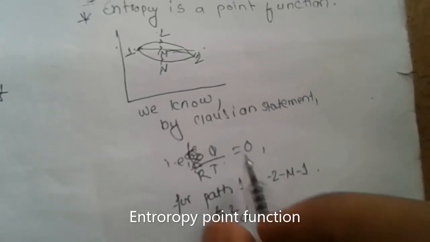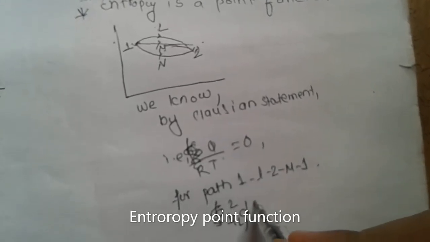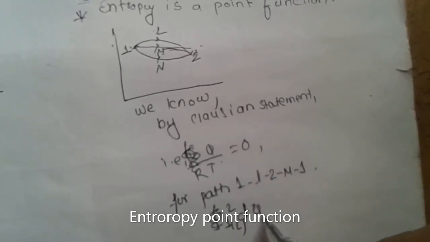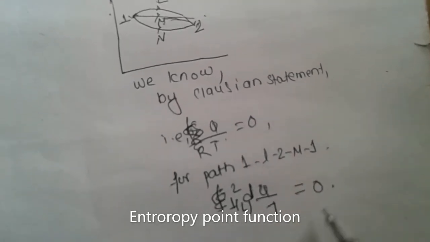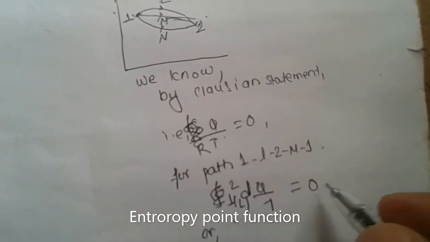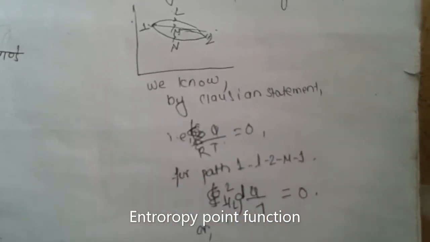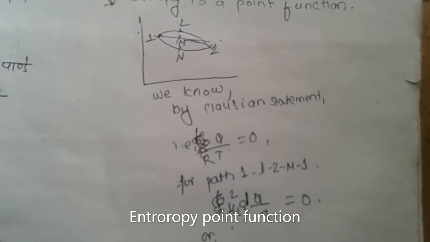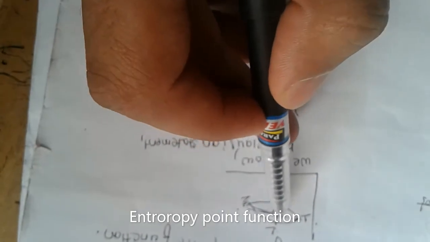So the integral of dq by T along path L from 1 to 2, and another is for 2 to 1 along path M, and together this is the resultant.